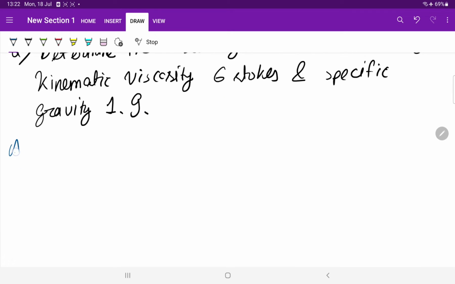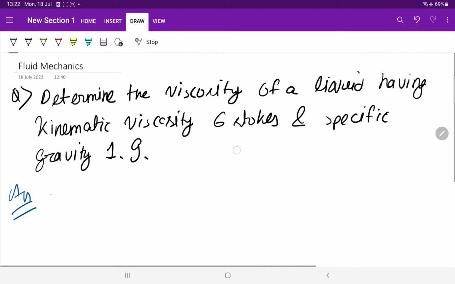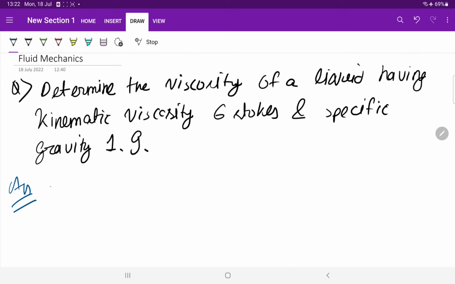So this is it. Determine the viscosity of a liquid having kinematic viscosity 6 Stokes and specific gravity 1.9.